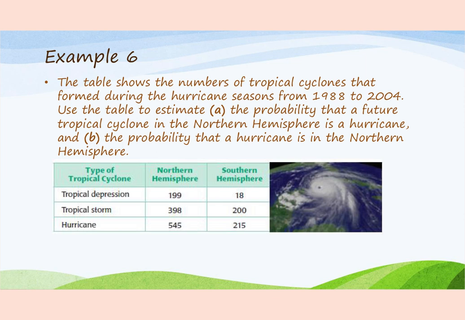So we're going to narrow it down to just that first column. And then I want the probability that it's a hurricane. So from here, the hurricanes are just the bottom ones. So it'd be 545 over the total amount of northern hemisphere, which is 199 plus 398 plus 545.